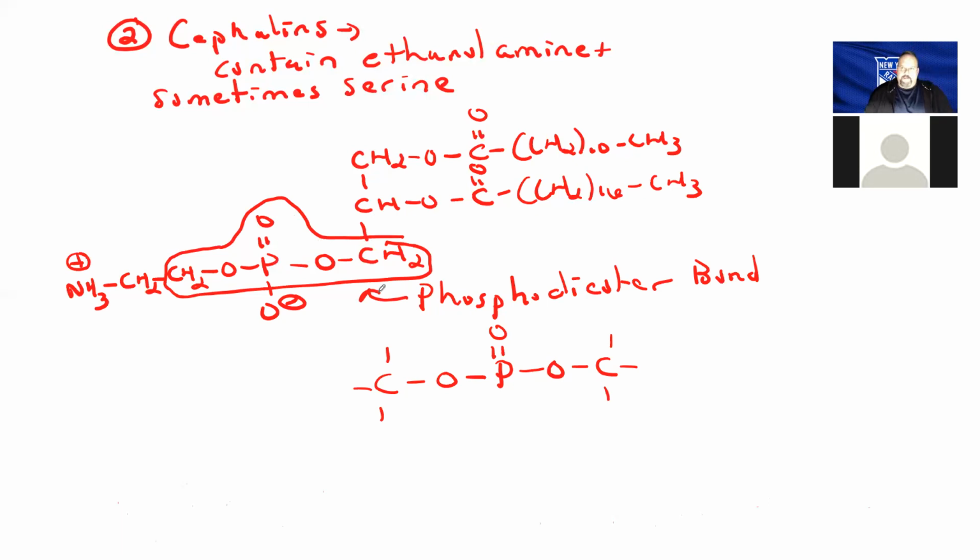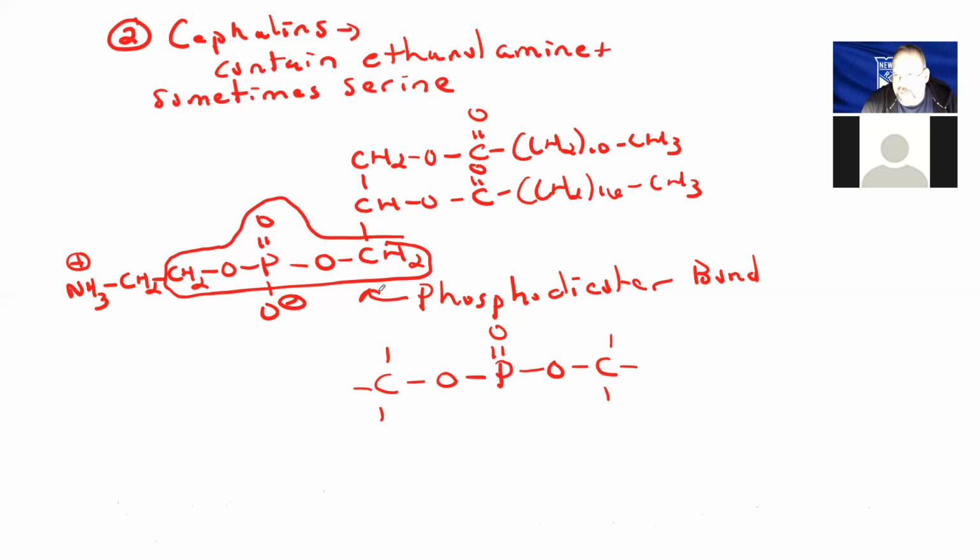And in fact, when you start to look through the notes in chapter 17, dealing with nucleic acids, you're going to come across phosphodiester bonds again. In fact, I believe we're going to see them in the other type of phospholipid as well. Yeah, it's definitely there.